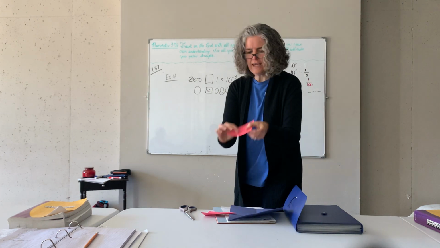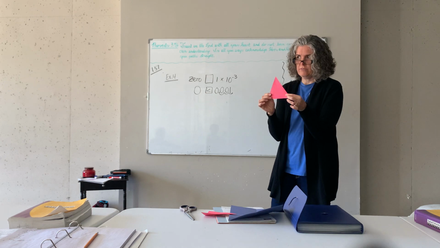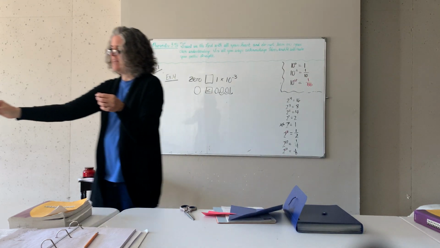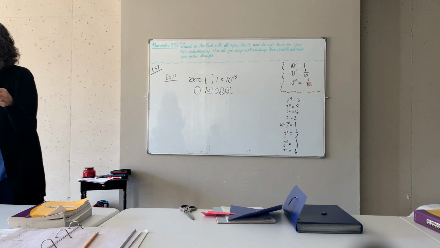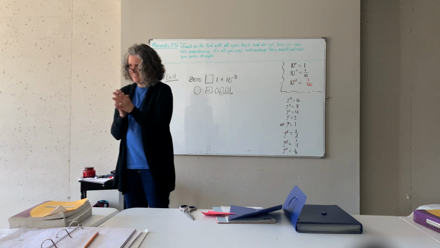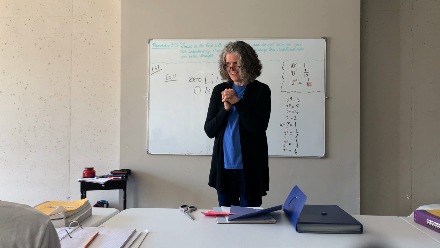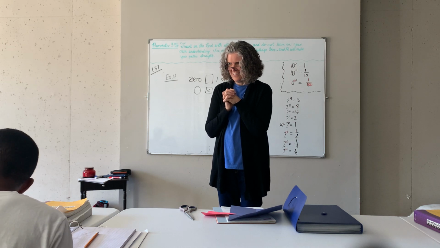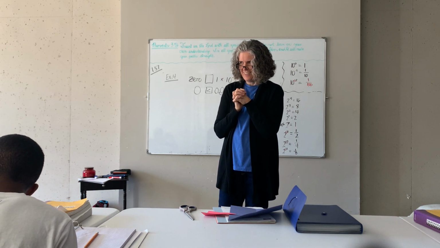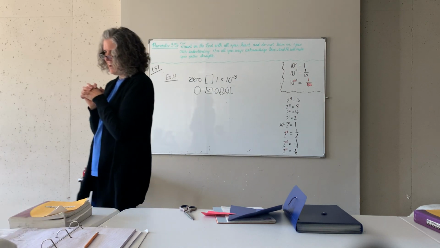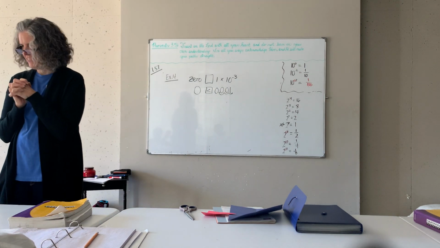All right, what if it's an equilateral triangle? What would you do to get a line of symmetry for an equilateral triangle? Good. I actually measured it out too.